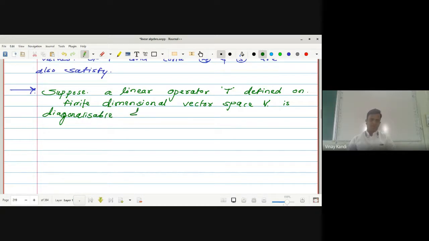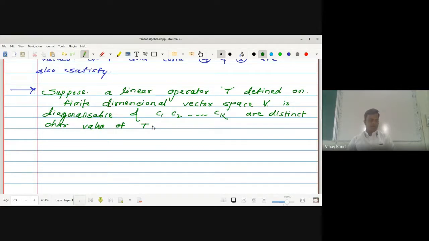And C1, C2, up to Ck are the distinct characteristic values of capital T.